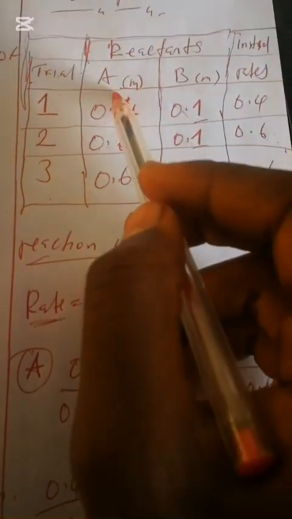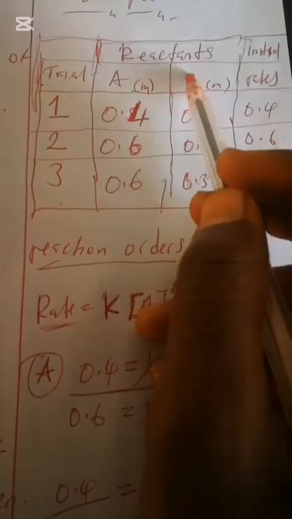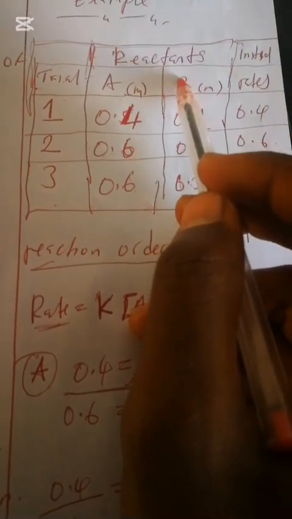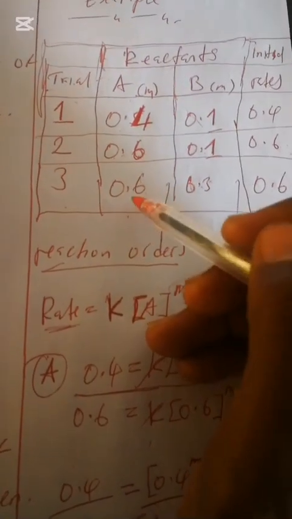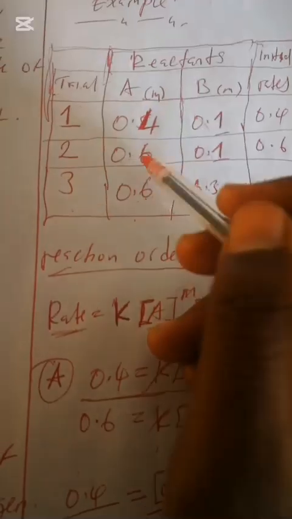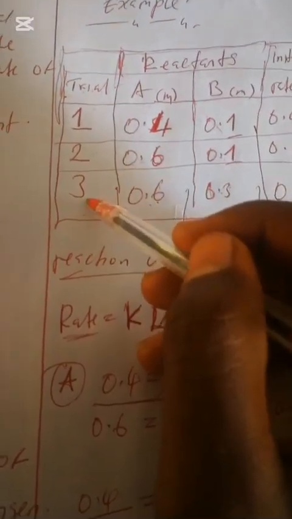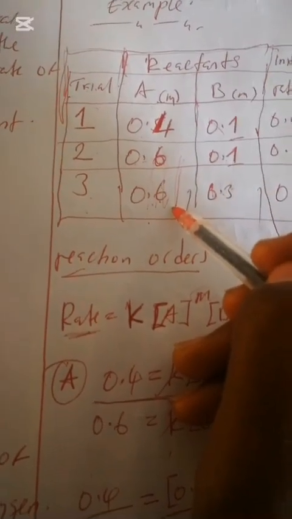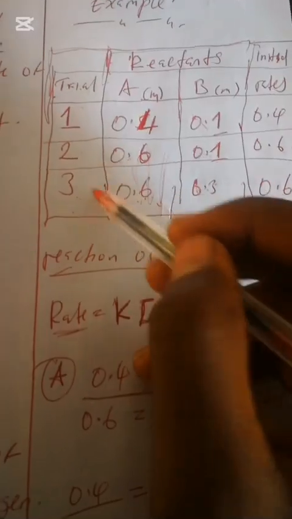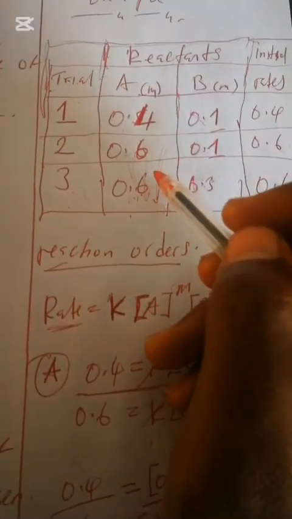We are looking for n. If we want n, we need to pick two trials where B is different but A is the same. So pick 0.6 and 0.6, the second trial and the third trial, because A is the same. Yes. So let's pick 2 and 3.